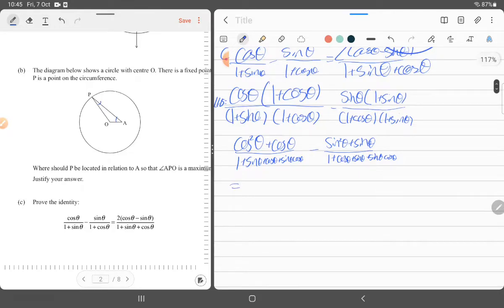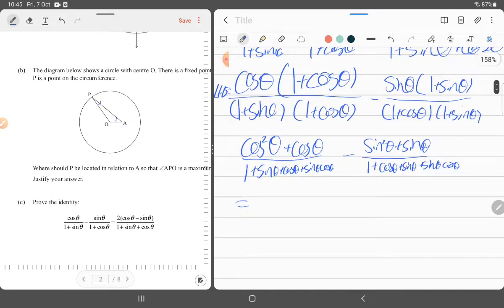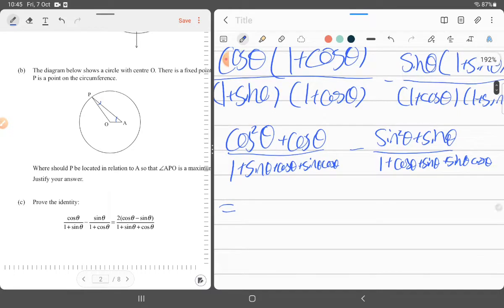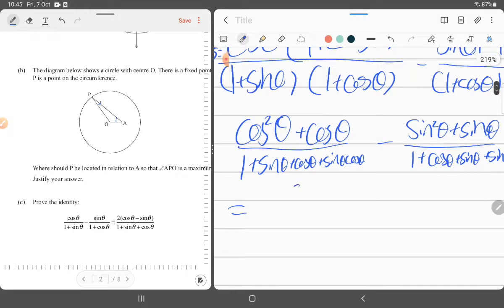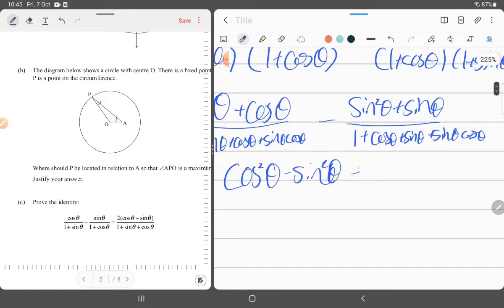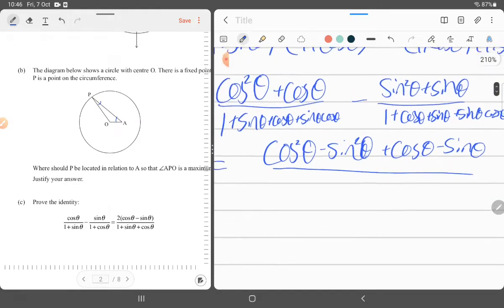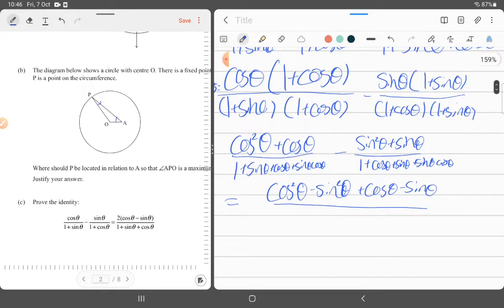Which is equal to, so minus, cosine squared theta, take away sine squared theta plus cosine theta, take away sine theta, over... actually, was I supposed to expand that?